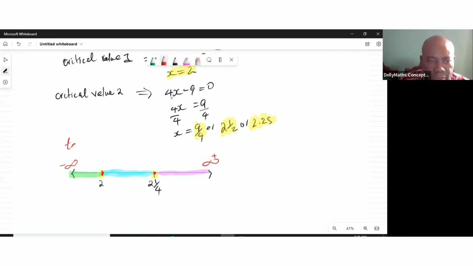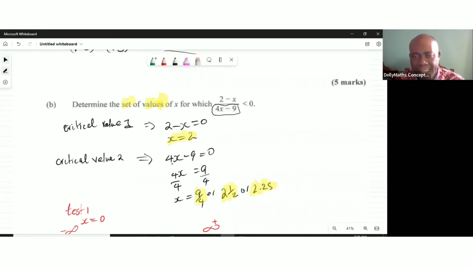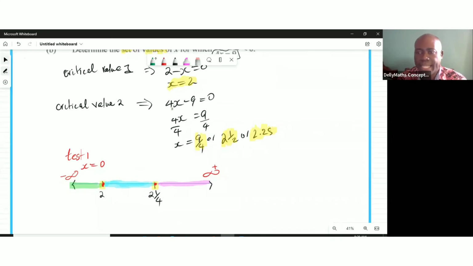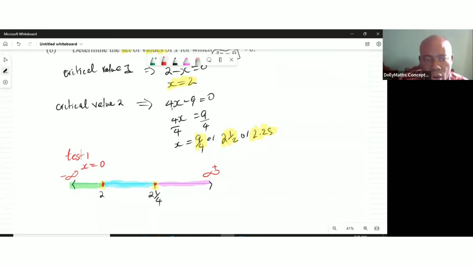Now, test 1: I need to use a value for x in that green region. So I'm going to be using 0, since 0 is a nice number and you have less work. When we test that, we want to see if we get a value less than 0. It's all about whether I get a negative or a positive value. Test 2 will come in this region, where x is equal to probably 2.1, a value between positive 2 and positive 2.25.